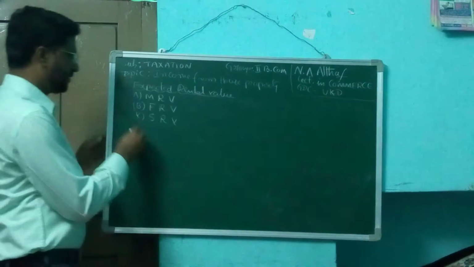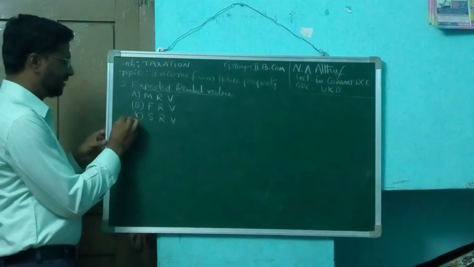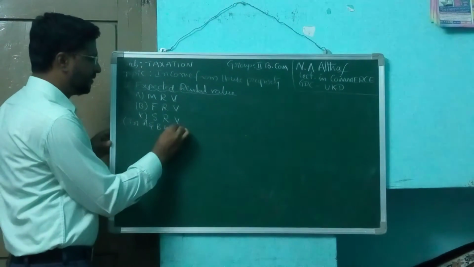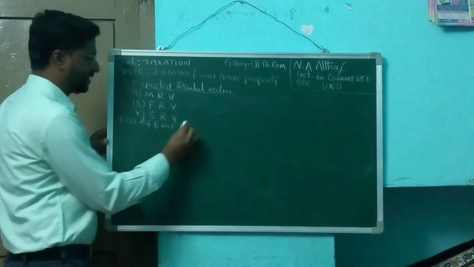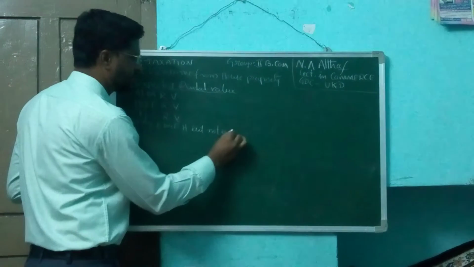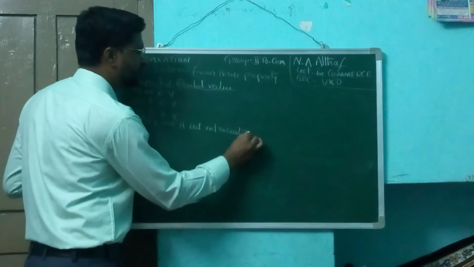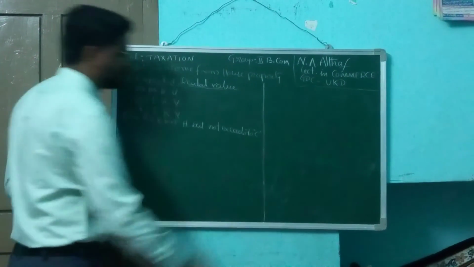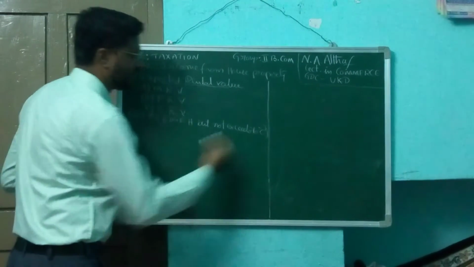We already know the rule: in A and B, whichever is highest, but not exceeding C. So this is the rule.